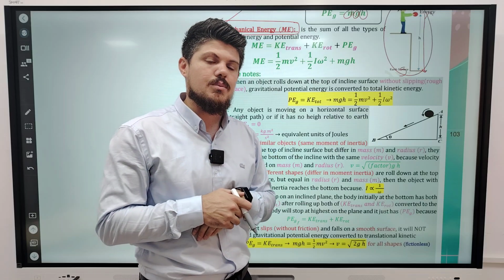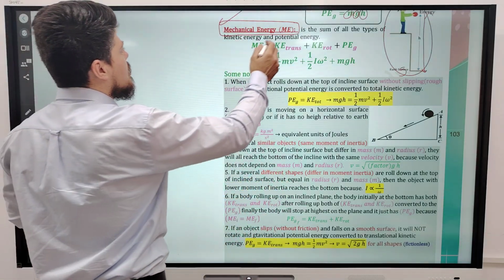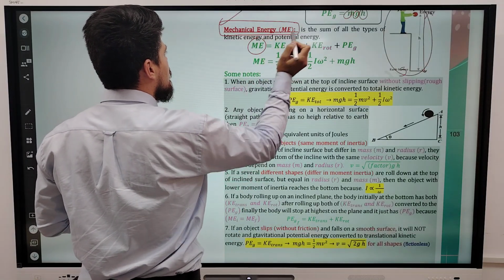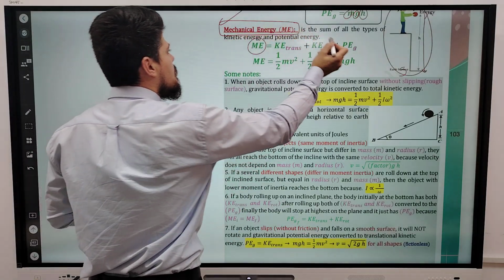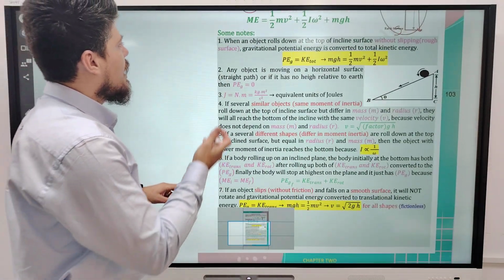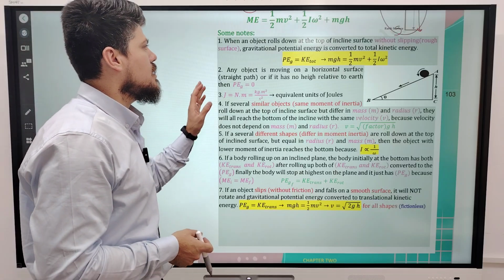Because we have two different types of kinetic energy, translational and rotational. And the potential energy. Mechanical energy is equal to translational kinetic energy plus rotational kinetic energy plus gravitational potential energy. Okay, so here we have some important tips and notes about rotational kinetic energy.